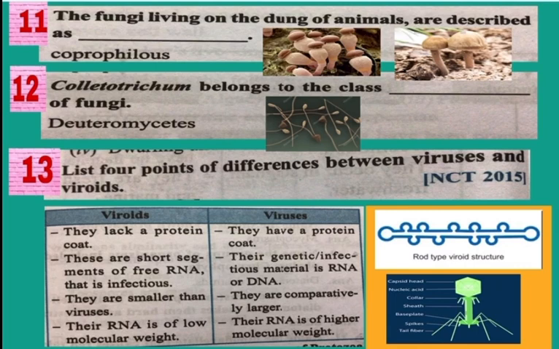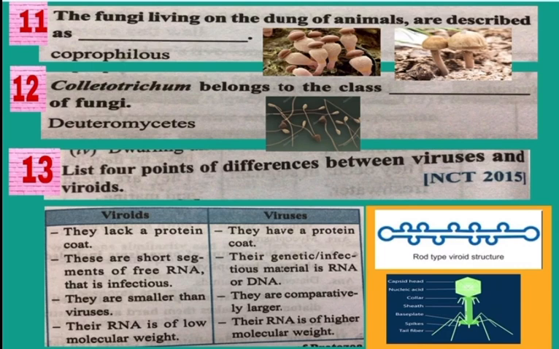Question number 13. List 4 points of differences between viruses and viroids. See both given diagrams and check the differences between the virus and viroids. Number 1. Viroids do not have a protein coat, but the protein coat is present in the virus. Number 2. In viroids, RNA is free and is infectious, while in viruses, the infectious material is RNA or DNA and is genetic material.